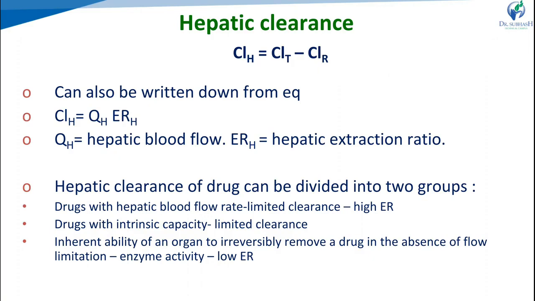So it depends on enzyme activity, and these drugs have a low ER value, with elimination primarily by metabolism, and are greatly affected by changes in enzyme activity. So that is capacity limited. Hepatic clearance of a drug with low ER is independent of blood flow, but sensitive to changes in protein binding and enzyme activity.